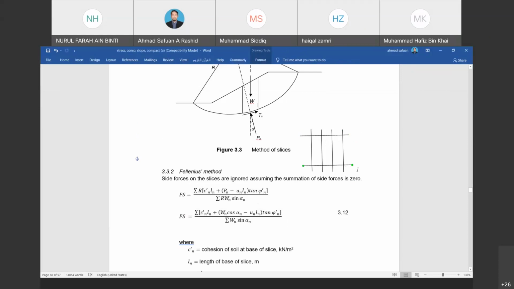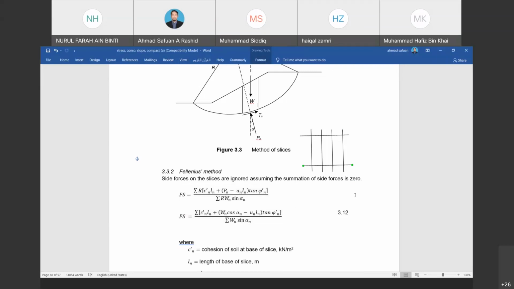Okay. So nak selesaikan dia, sub equation nombor 1 total campur dengan sub equation nombor 2 total punya value. Okay. Campurkan dulu ni, bahagikan dengan sub equation nombor 3. So that is the factor safety. Okay.